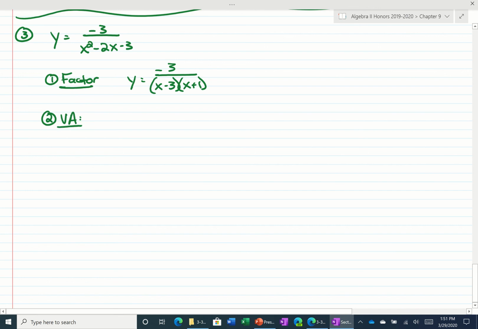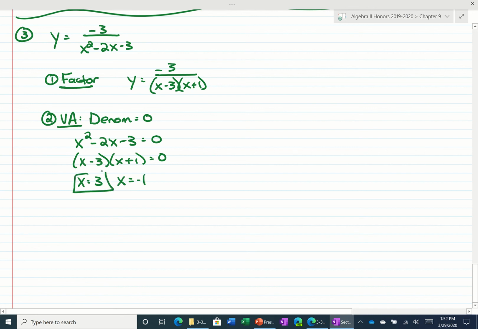Now the rules in math are always the same. The way you get the vertical asymptote is you make your denominator equal to 0. So the denominator was x squared minus 2x minus 3. If we make it equal to 0 and solve it, we get a vertical asymptote at 3 and a vertical asymptote at negative 1. So we get 2 vertical asymptotes. It's not a big deal.